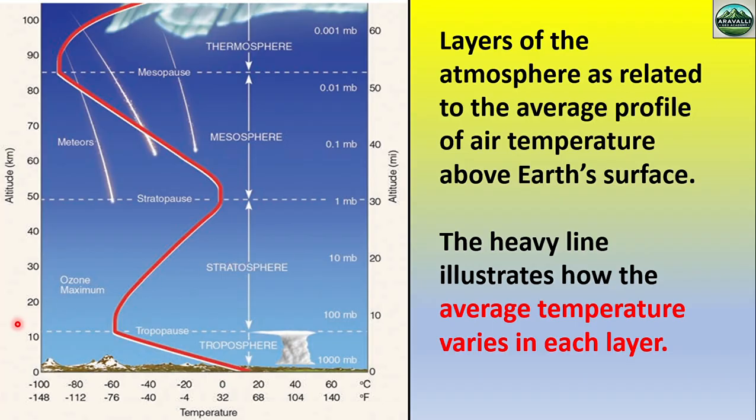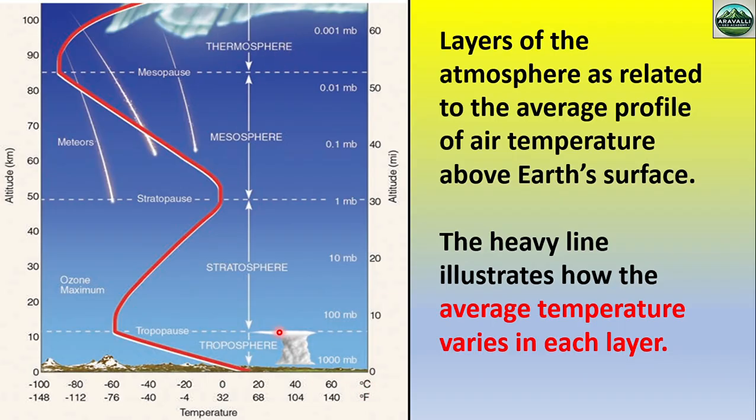The height of the stratosphere is around 11 kilometer to 50 kilometer. Then this one is the stratopause. The next layer is the mesosphere, 50 kilometer to 85 kilometer. This one is the mesosphere, and above the mesosphere is the thermosphere.